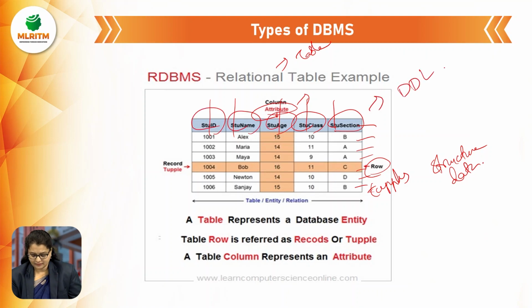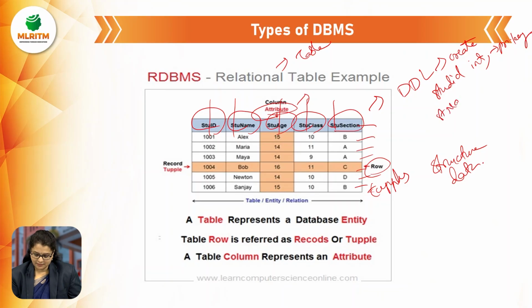Whenever you are creating the table, these attribute names are created by using DDL, and we can give permissions to access the data. That is the student ID, whose data type is integer, and we can also give it the primary key. For this student ID, this is the primary key.